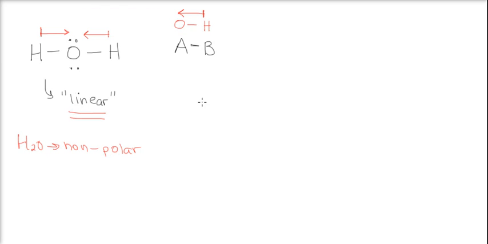So to get the correct geometry, water would need to be drawn with its proper three-dimensional geometry, which is a bent shape as such. And the lone pairs are not required for this. So again, if we draw water with the correct geometry this time, this bent or V shape as it's called, and we draw in our arrows for the bond polarities, we will see that the arrows are both pointing up towards the oxygen atom.